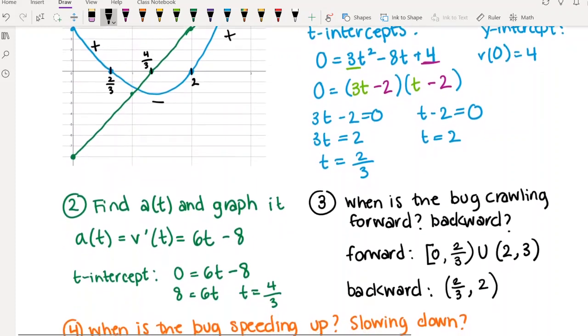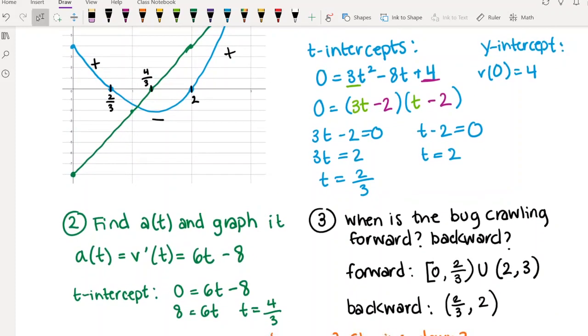Okay, so let's scan from left to right. As we start out, the velocity is positive, right? And the acceleration is negative. And so we want to go from left to right and figure out the place where something changes. Maybe I'll even draw some lines here. One's positive, one's negative.